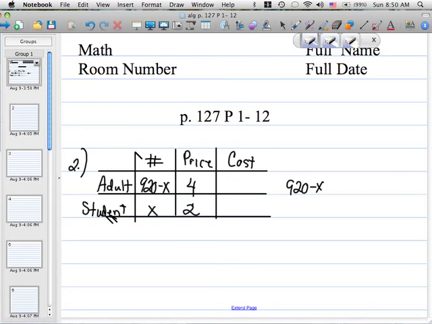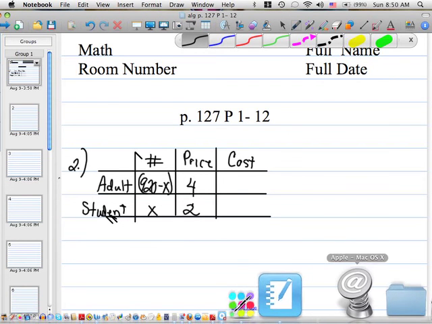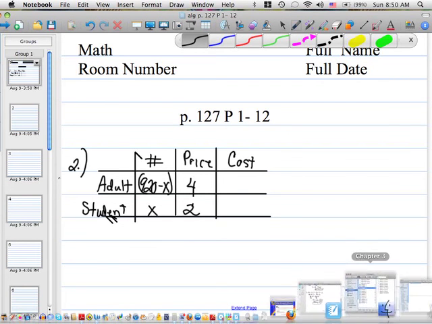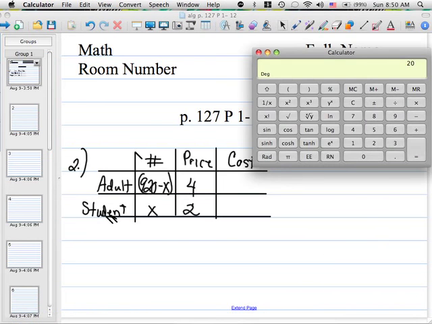So the cost per ticket for the adults would be 4 times 920 minus x. Use your distributive property. I would pull up my calculator here and take 920 times 4.